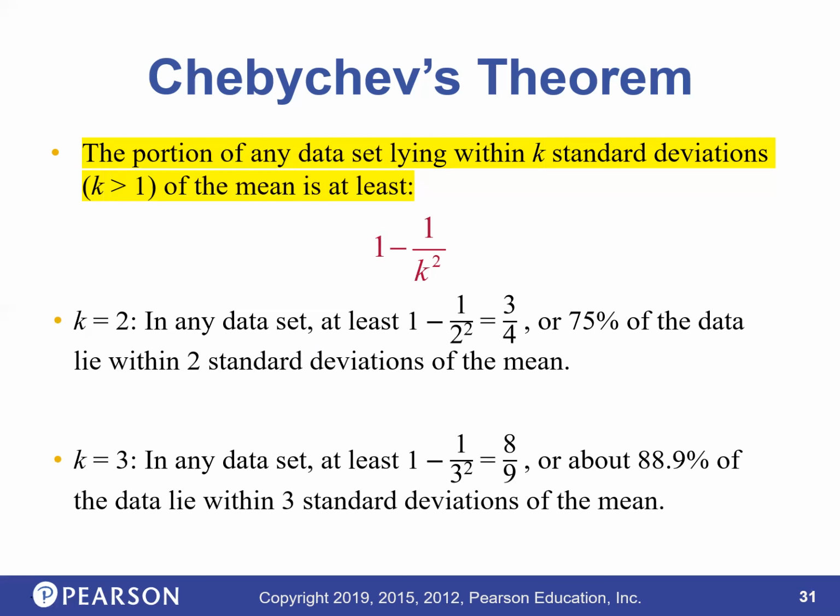Now, the chart that we saw, that was the very, very precise piece, right? This is a very loose definition. 3 standard deviations away, no matter what kind of data set it is, as long as it includes a lot of numbers, you're going to get almost 90% of the data within 3 standard deviations away.